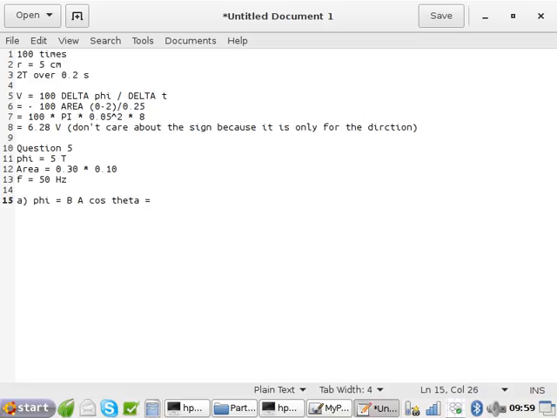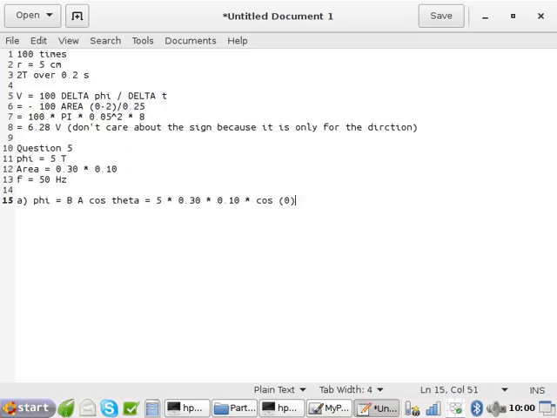What's the B here? 5. And the A, 0.30 times 0.10. And then, what's the theta when it's vertical? The theta is 0.